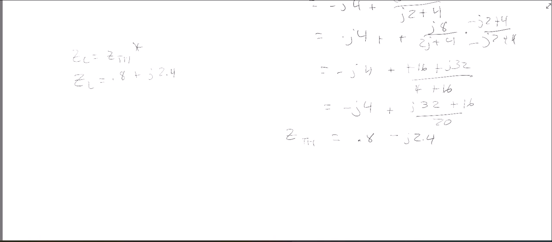Okay, so let's say we had a circuit that looked like this, and we needed to find Z load. How would that be any different? It really wouldn't. You would want to find Z Thevenin for this part over here, so the circuit would look like this.